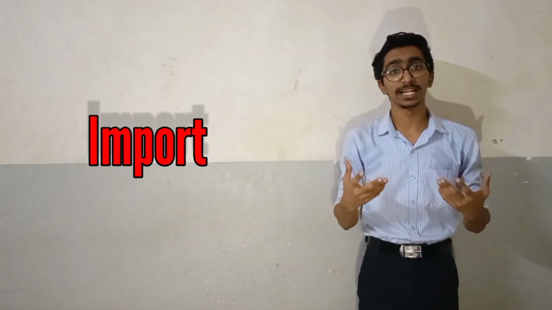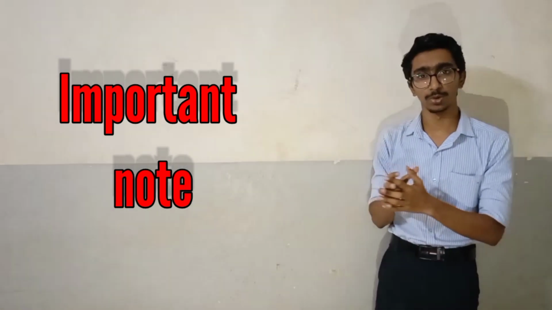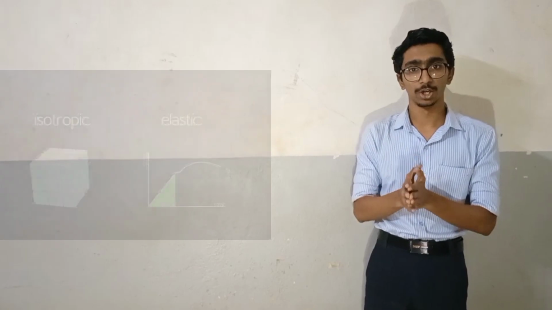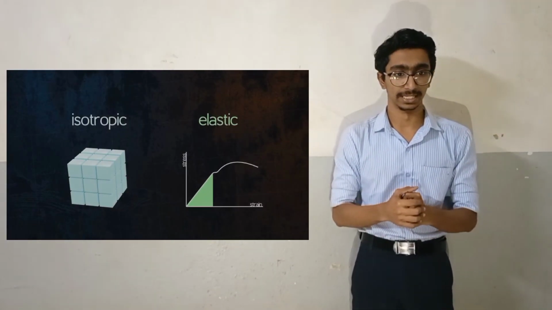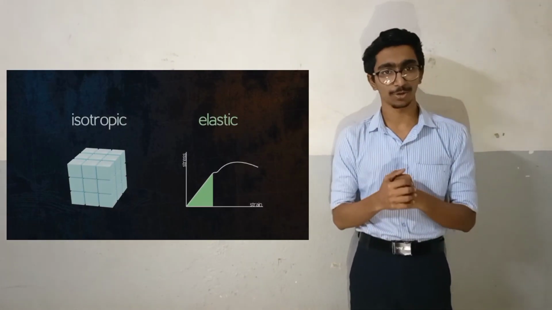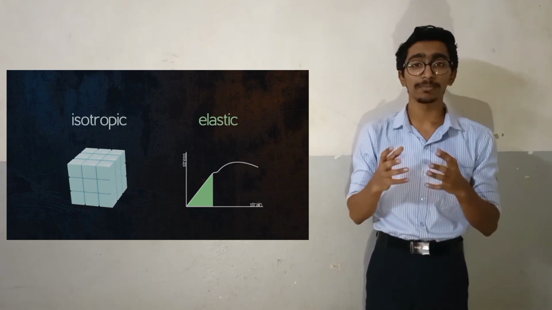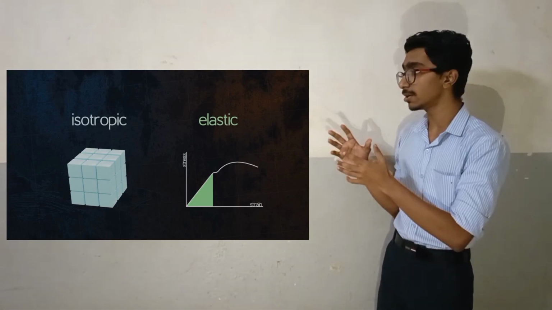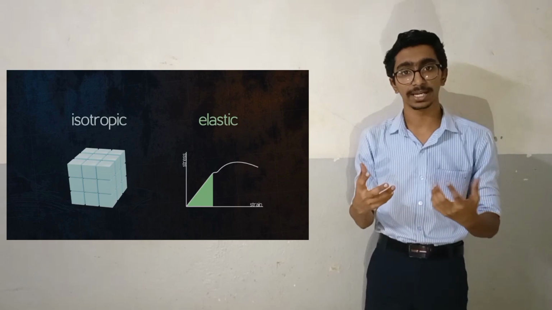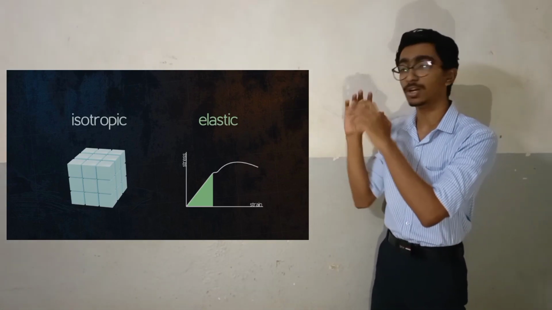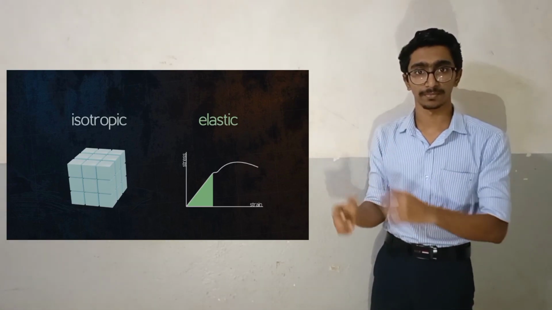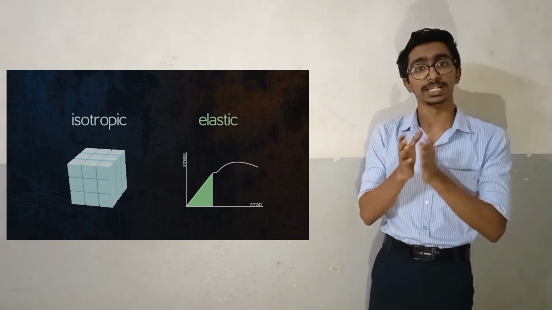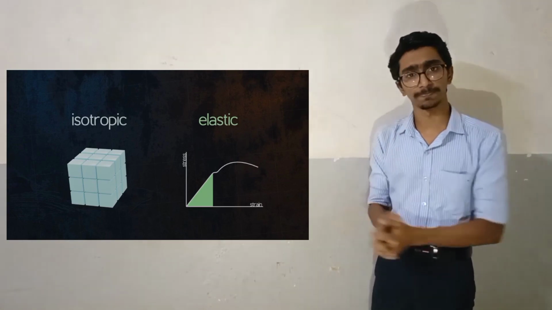Now the concept of Poisson's ratio is only applicable to isotropic materials. What is an isotropic material? Isotropic material means all the properties of the material are the same in all directions. So Poisson's ratio is only applicable to those.